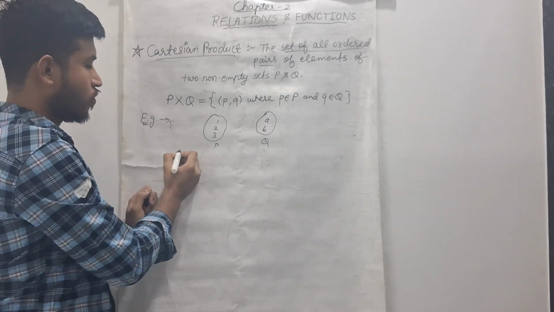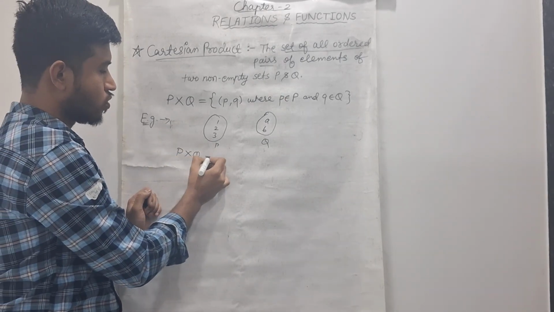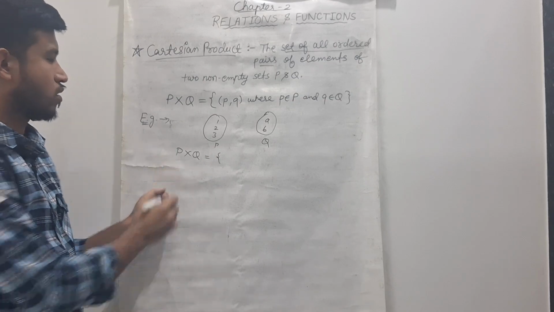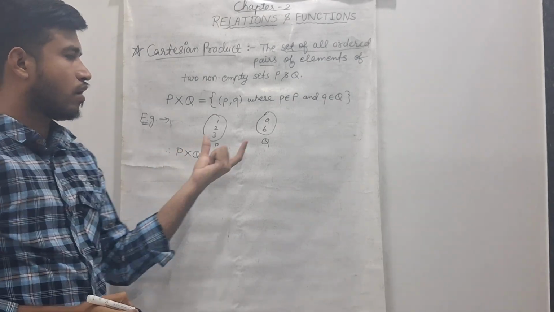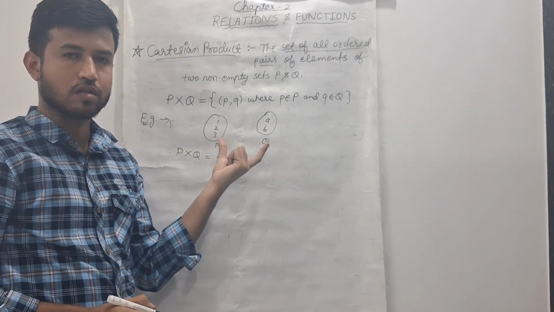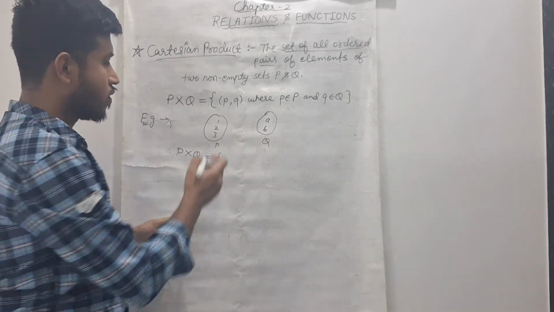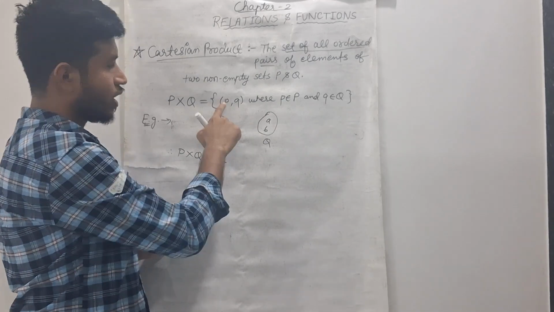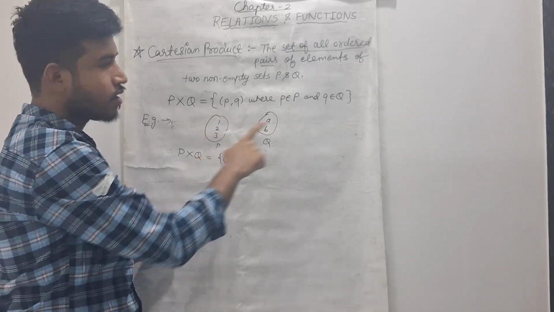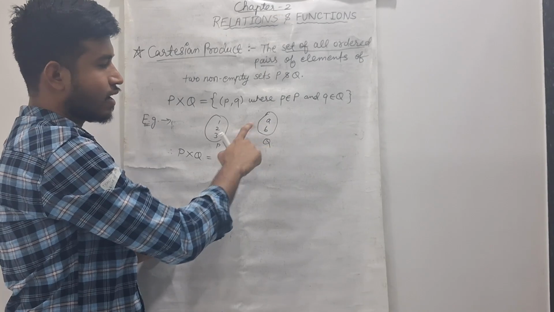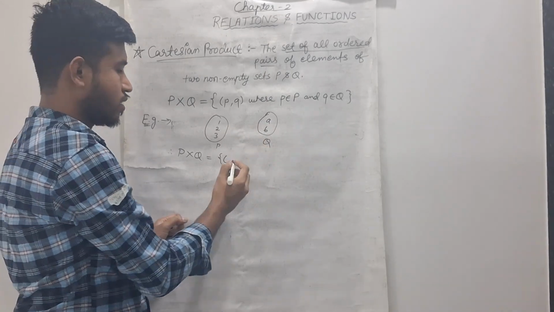So what is P cross Q? We have to operate on both sets to find all possible relations between these two sets. The first element should be of the first set and the second element should be of the second set.